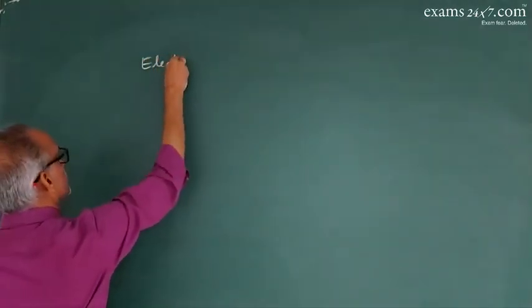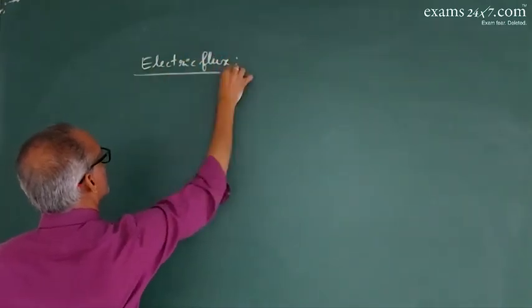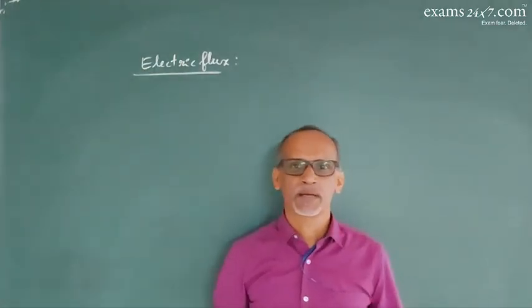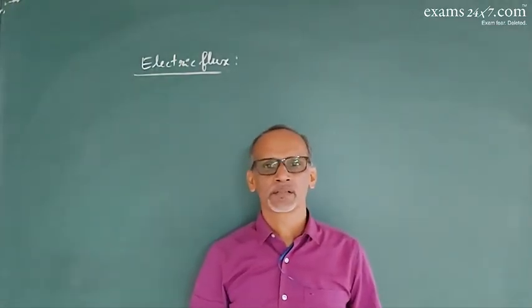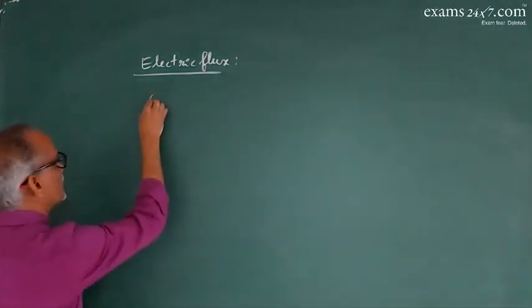The next important concept is electric flux. The number of electric lines of force passing normally through a given surface is called electric flux, and we can measure this electric flux.